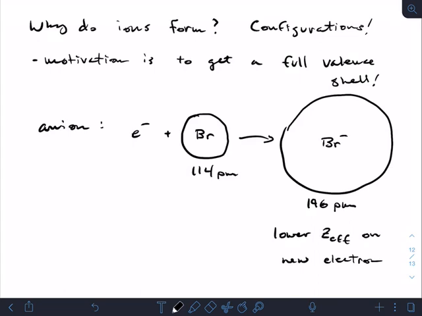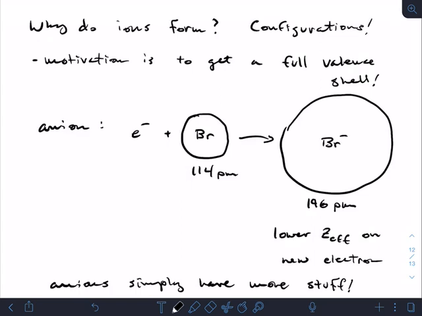So if it's got a low Z effective, that new electron can fly out farther away from the nucleus. A simpler idea is that anions simply have more stuff.